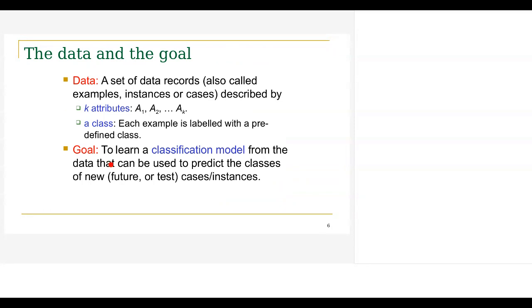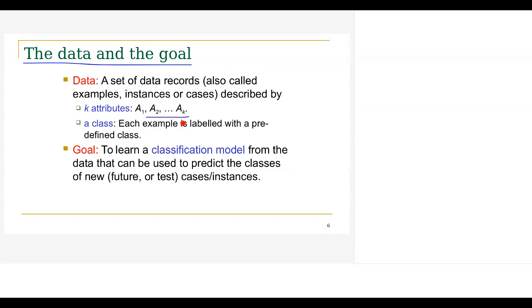Now, there are two things to keep in mind: the data and the goal. What is the data and what do you want to achieve from that data? The data is a set of records, also called examples, instances, or cases, described by k attributes A1, A2, ..., Ak, and a class.